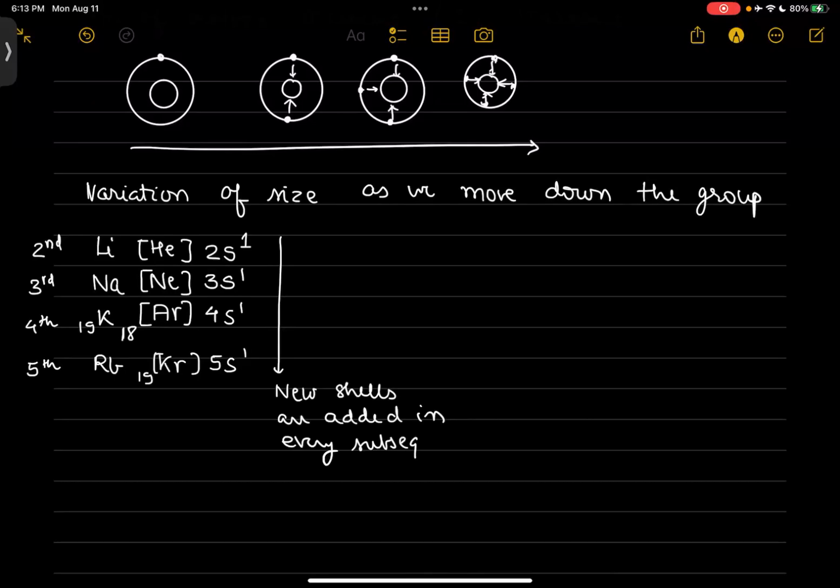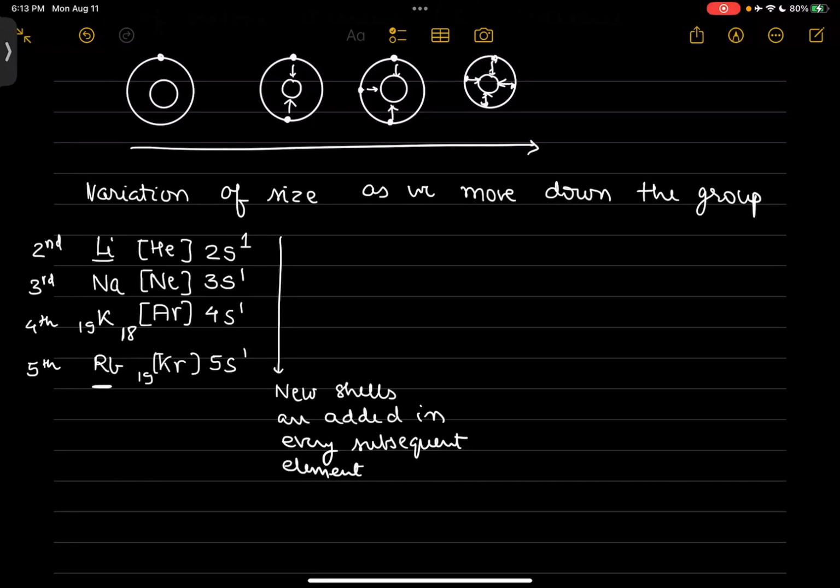So what do you expect from the pattern of size? Will it decrease? Will it be more? Will it be less? As you move from lithium to rubidium, it will be more.